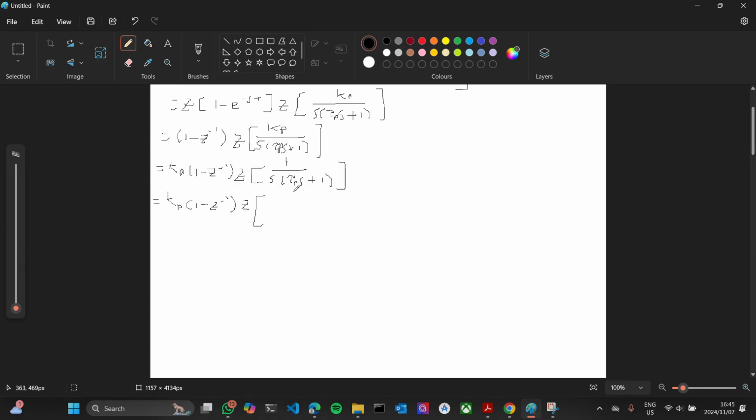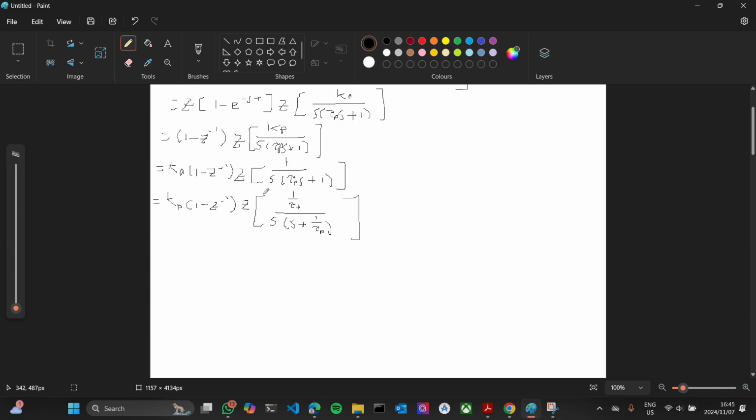So doing that is going to change the numerator to 1 over tau p, over s multiplied by (s plus 1 over tau p).